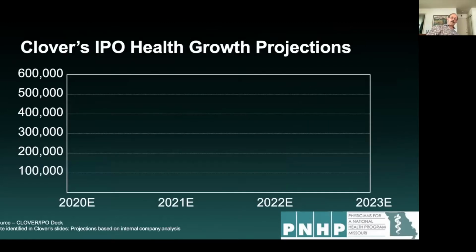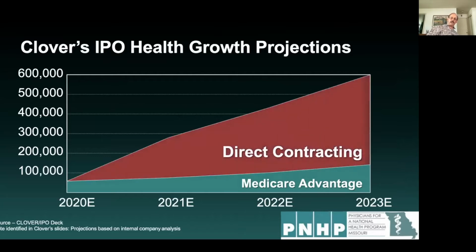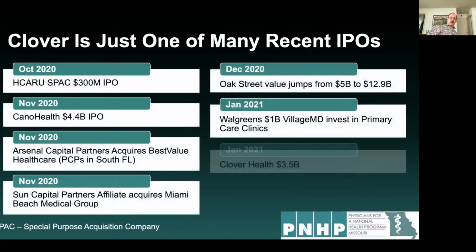This is their marketing. They claim that with Medicare Advantage, their projections will go like this, but with direct contracting, it goes like this. And there are a bunch more besides Clover.